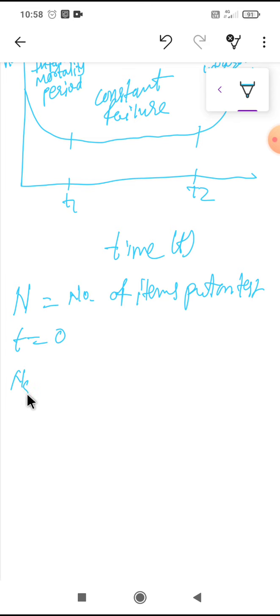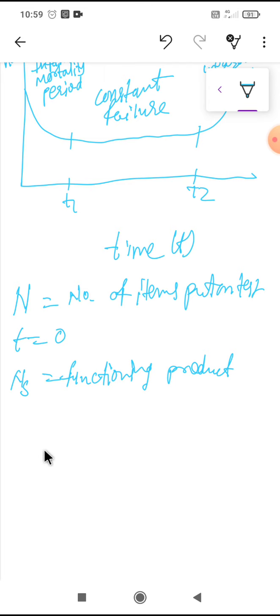Suppose Ns is the random variable denoting the number of products functioning at that time. Ns follows the binomial distribution with parameters n and R of t, where R of t is the reliability of the product.